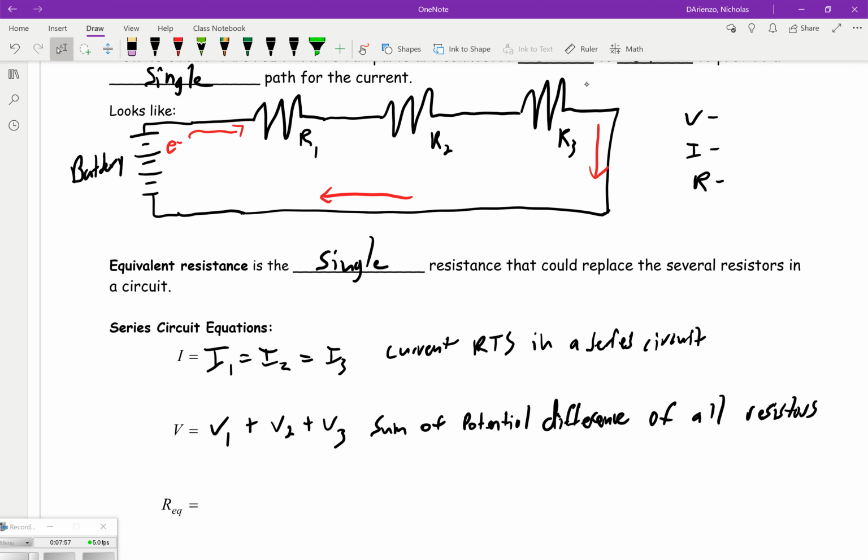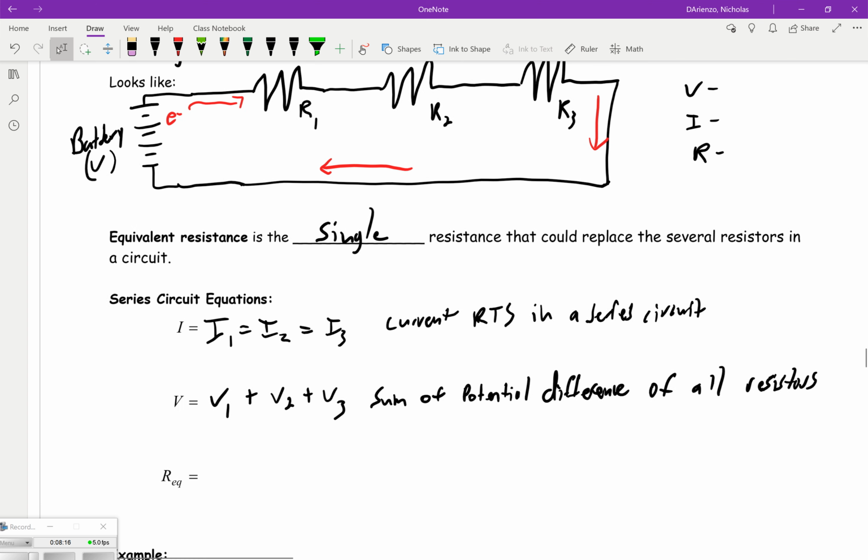So the voltage drop, or the potential difference across each resistor, has to total up to the voltage that's coming from the battery. We're going to have some voltage there. That's going to be the supplied potential difference across the entire circuit.